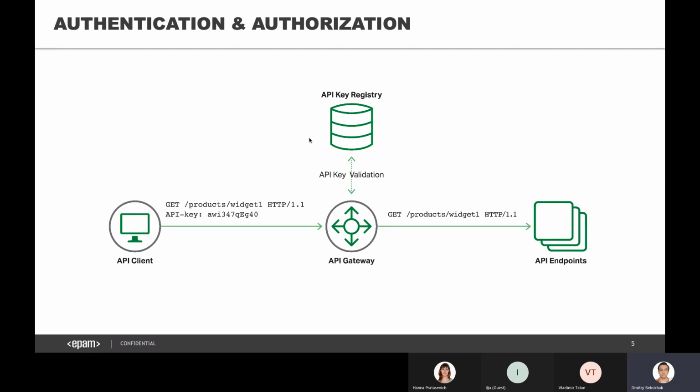And then API endpoints. On the right side, there will be some kind of abstraction on top of any microservice or third-party service or any server solution, maybe a monolith, and we're accessing a different part of that monolith. We don't really care what that would look like. It's just API endpoints in our case.